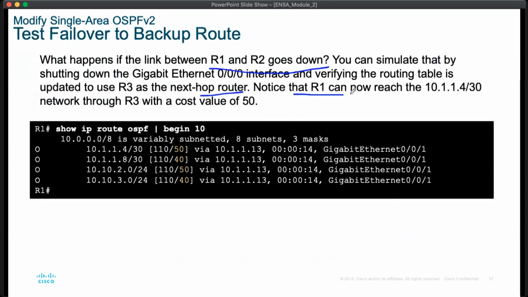Notice that R1 can now reach the 10.1.1.4/30 network through R3 with a cost value of 50. This is an example.